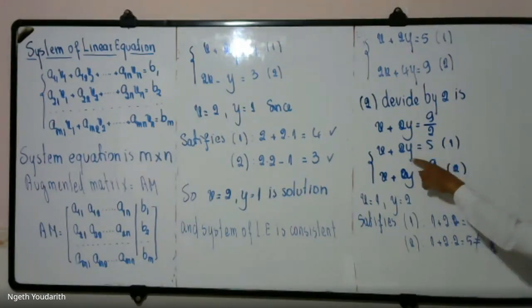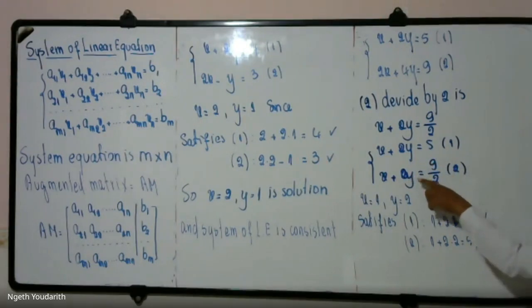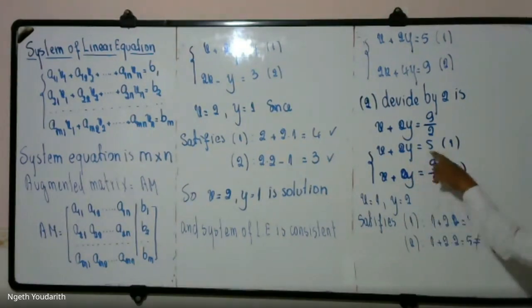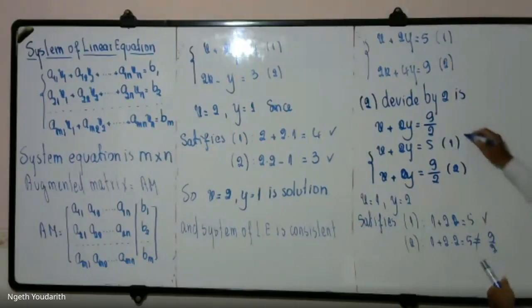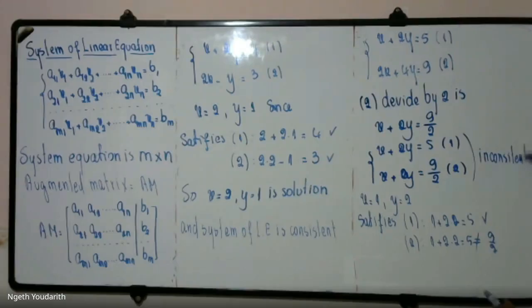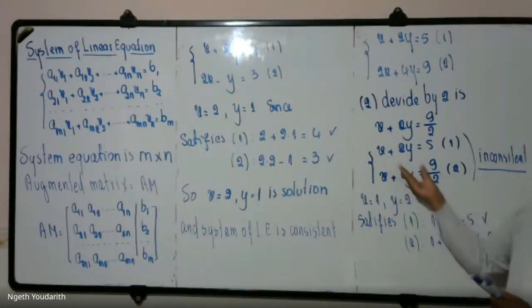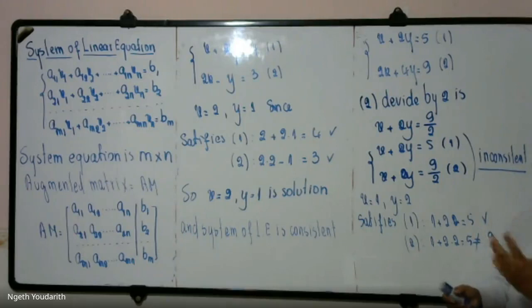So this system of equations has no solution. If it has no solution, what do we call it? Inconsistent or consistent? Inconsistent. Yes, so this system is inconsistent.